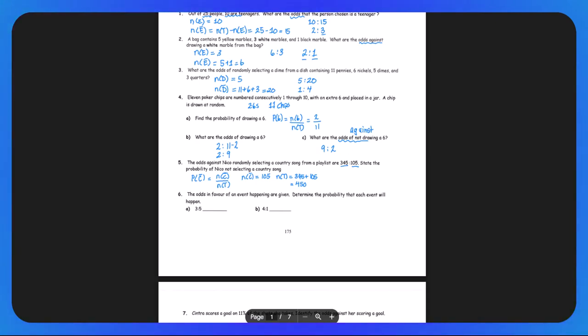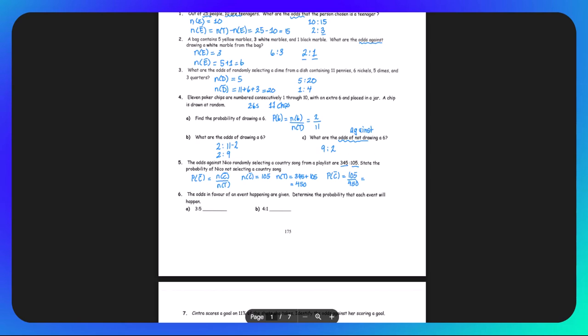So now that we have these two numbers, we can find the probability of not a country song. That's going to equal 105 over 450. Now we're going to want to reduce that down.